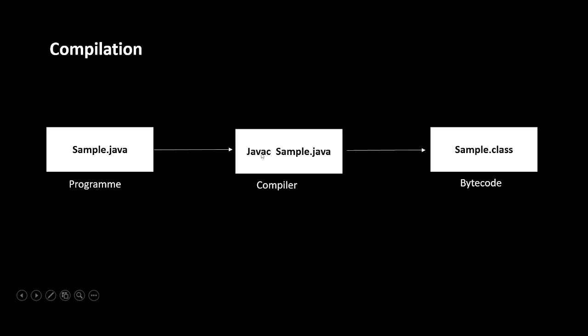While we compile the source code, we get another file, a bytecode file named sample.class. It has the extension .class. This file has the bytecode representation of the code, which is an intermediate form of code that the JVM can understand and execute. This is about compilation, and the next is we have to execute the code.